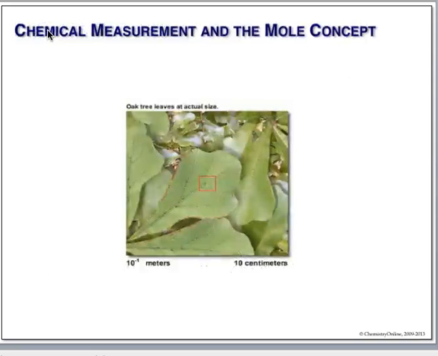What I'm going to do is move back 1 power of 10 every time. So starting off here at 10 to the minus 1 meters, then we're going to go to 1 meter, 10 meters, 100 meters away from our leaf until we get to 10 to the 23rd.